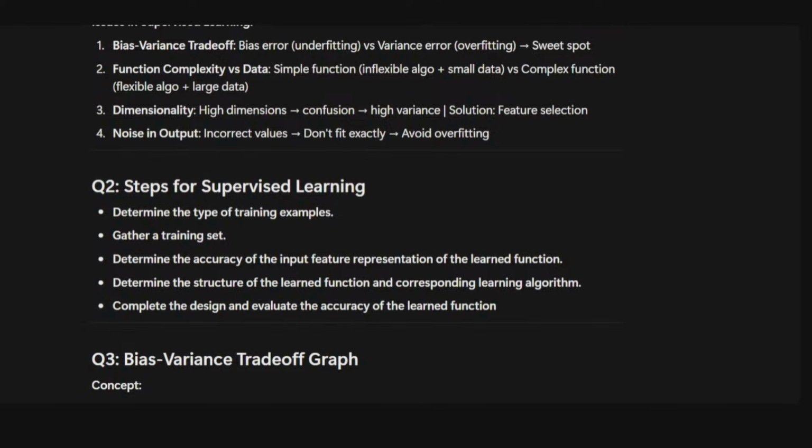Accordingly, you will ensure that you have a learned function and a corresponding learning algorithm.